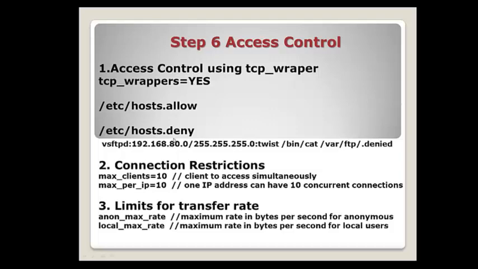So here I will use hosts.deny. In /etc/hosts.deny, here I will use this one. So in this case the 192.168 network cannot access the FTP server, and when they try to access, vsFTP will show a message like this, vsFTP denied.